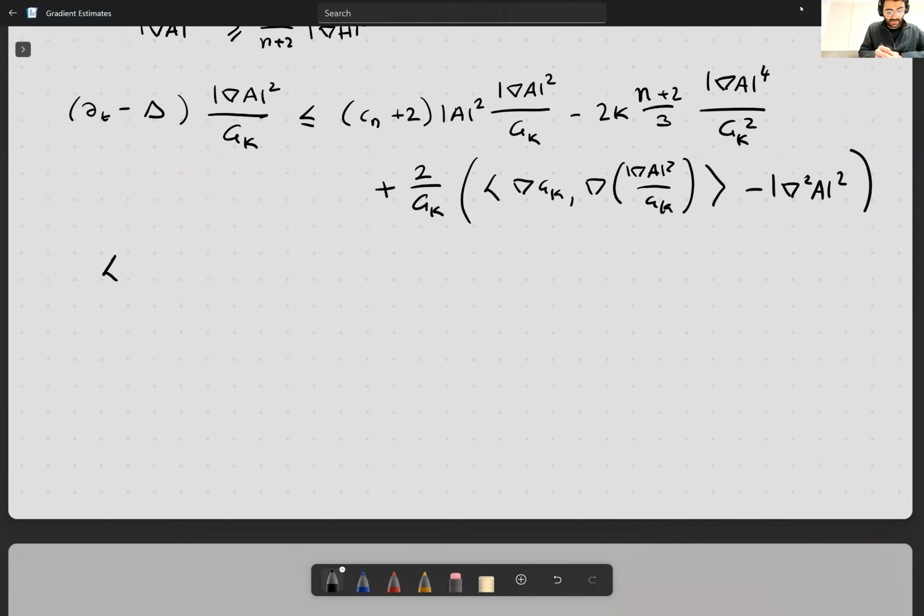Okay, so let's just expand this term, because if you expand it, you expect to have something that has a Hessian of A. So to see if it does anything good, let's expand that.